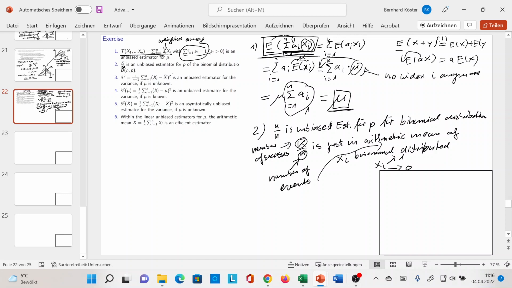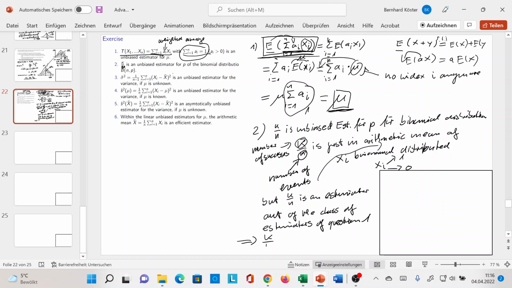And for this class of estimators, we already have shown that it is unbiased, and therefore k over n has also to be unbiased.